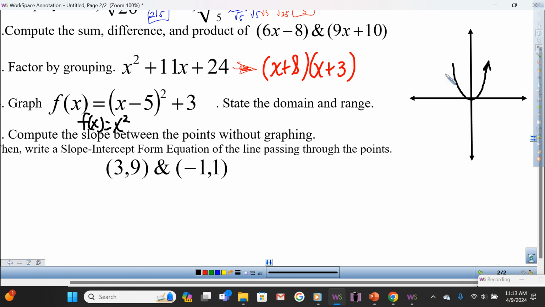Going through 0, 0. However, this transformation changes the vertex to what? Tell your neighbor, what is the new vertex according to that one? All right, good conversations. Martin, pass the one.